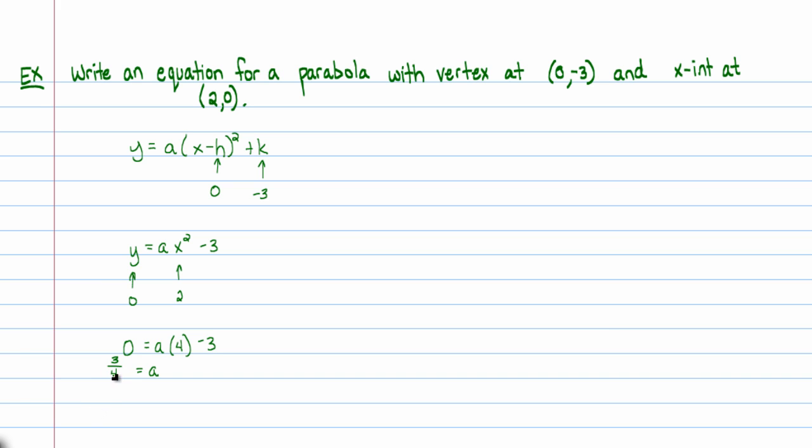So my equation is going to be y is equal to 3/4 times x squared minus 3. And you can plug these points in, by the way, to see if they work. For example, when x is 0, y is actually negative 3, so that works out. And when y is 0, you could easily find out that x will actually be 2.